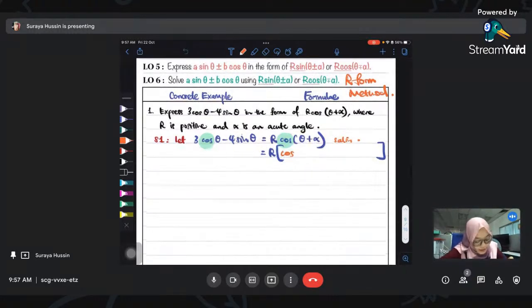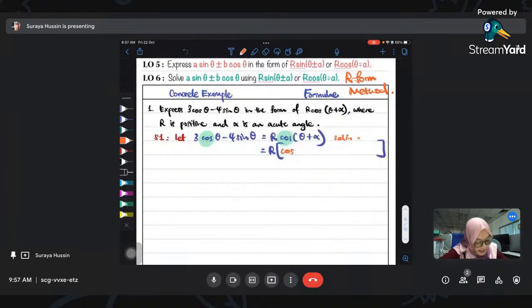Okay, so now step 1, again I repeat, R form, let's say 3 cos theta minus 4 sin theta. Dalam question here, dia memang minta express dulu. Express this thing in the form of R form.